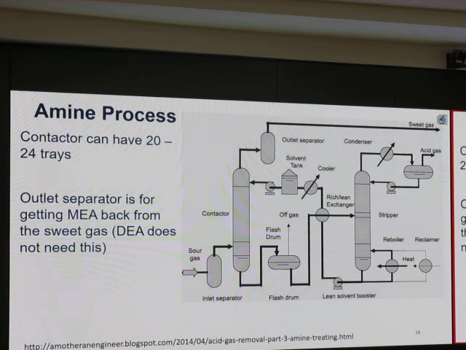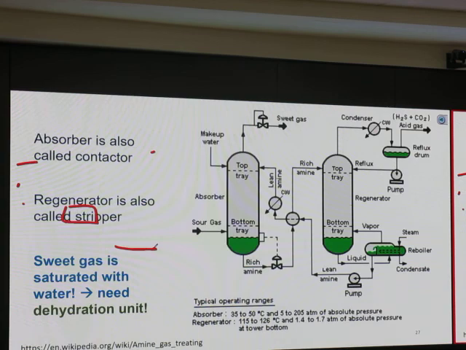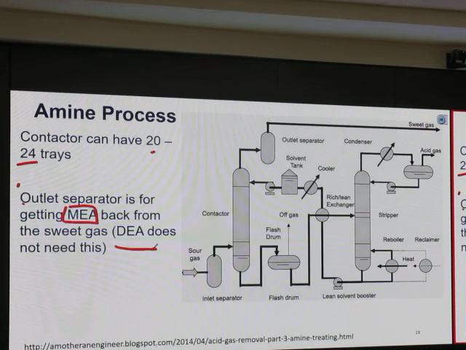So this is the amine process. We may have 20 to 24 trays inside. The outlet separator is for getting MEA back from the sweet gas. DEA does not need this. So on the outlet, sometimes we have another separator.